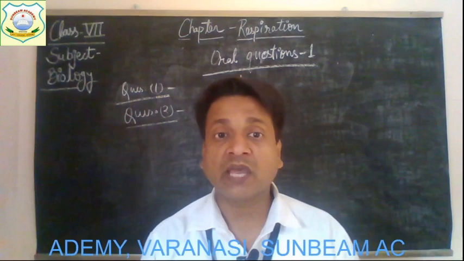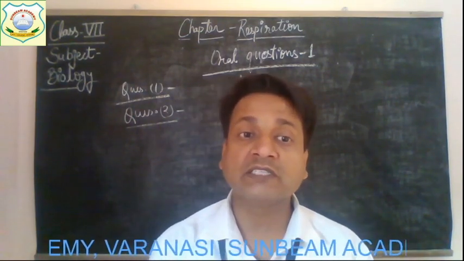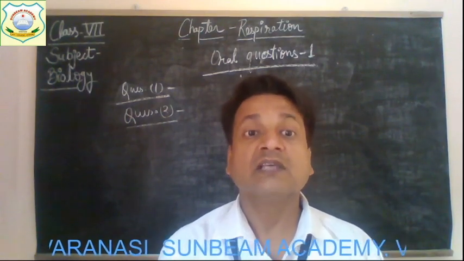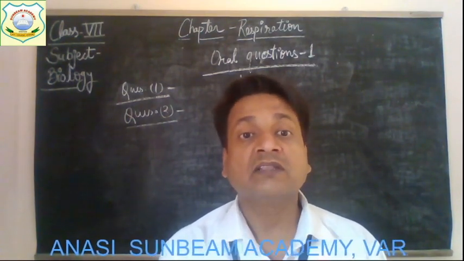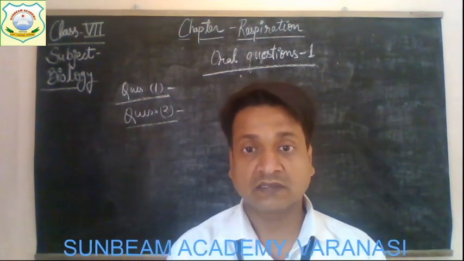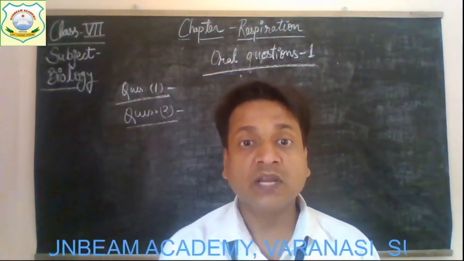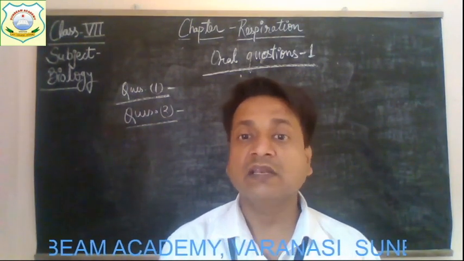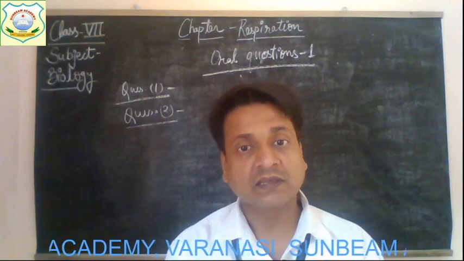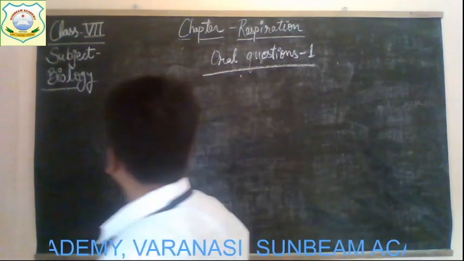So, in which of them, either in plants or in animals, is the rate of exchange of gases faster? So, children, the answer is that the rate of exchange of gases is faster in animals. Okay, that is why more energy is produced in animals. Get it?